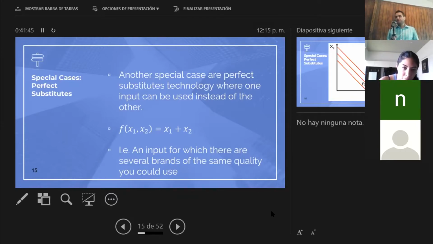So X1 could be un productor, X2 would be another producer, y todos son essentially like different brands del mismo producto. Te importa la que te ofrezca el mejor precio, dado que ambas son buenas marcas, ¿no?